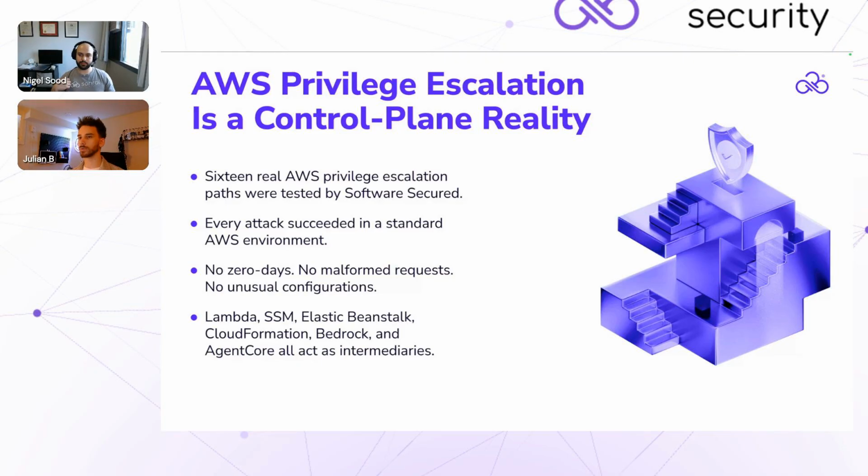There wasn't anything unusual about the configurations. There wasn't any strange requests that we were making. It was all sort of things that you would see in real AWS environments. And in each case, in just a standard AWS environment that was not protected, we were able to escalate privileges to an administrative level and essentially take over the full account.